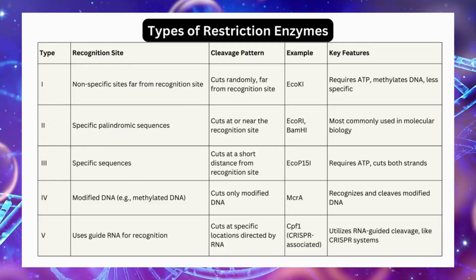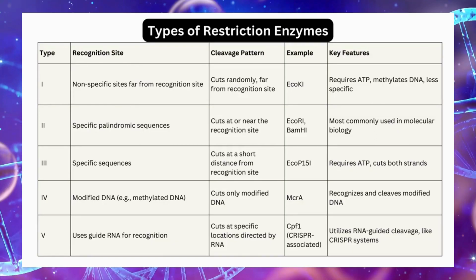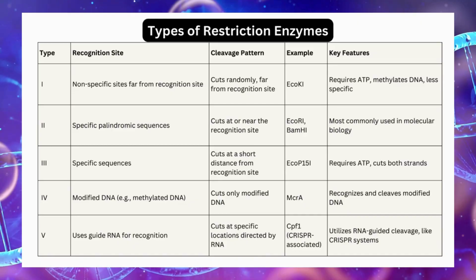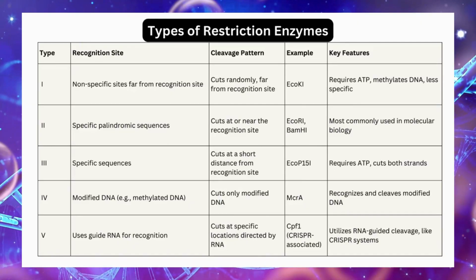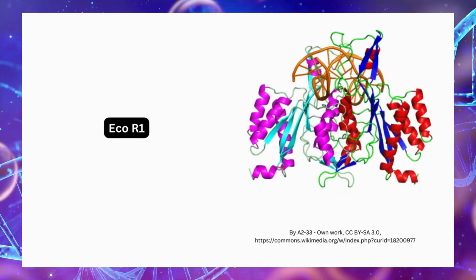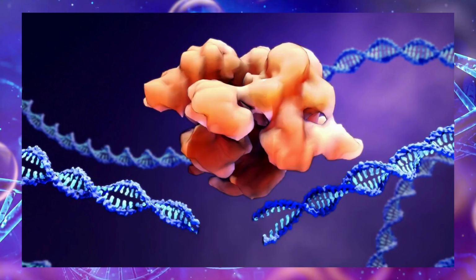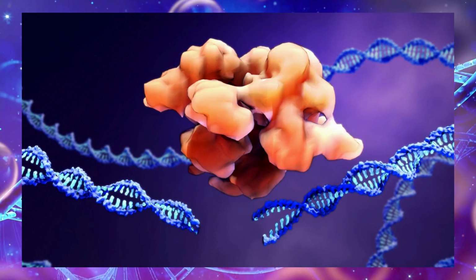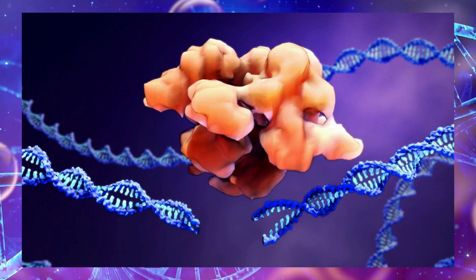So far, more than 400 such enzymes have been isolated, out of which about 20 are frequently used in recombinant DNA technology. EcoR1 is a commonly used restriction enzyme in molecular cloning, DNA mapping, and genetic engineering due to its predictable and reproducible cutting pattern.